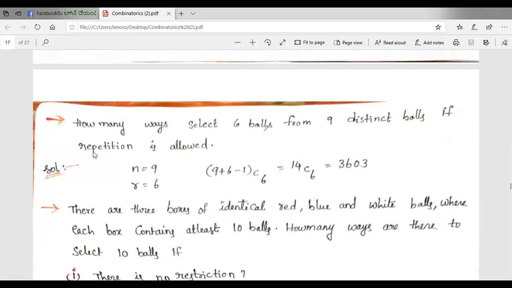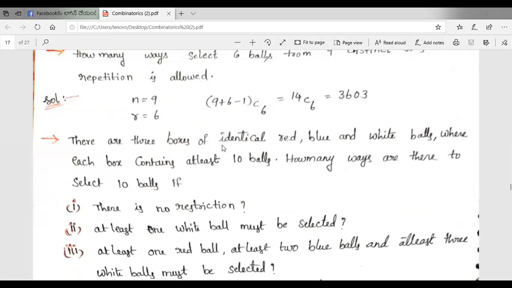Next, second problem. There are 3 boxes of identical red, blue and white balls, where each box contains at least 10 balls. How many ways are there to select 10 balls if there is no restriction, meaning no condition?